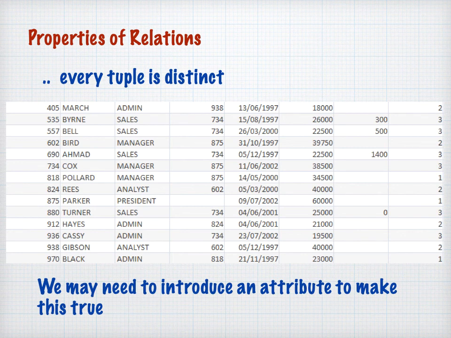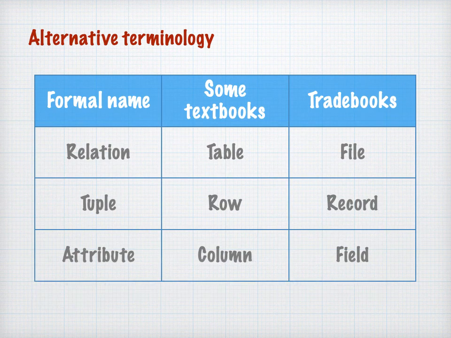But if you've ever done any kind of database work, then you're probably thinking about key fields. A key field is a column which has a unique representation, a unique value that enables that to be true. But we'll come back to that at a later point. Now there are some alternative terminologies here, and it very much depends upon whether you're studying this in academia, or using a piece of software, or using a trade book.